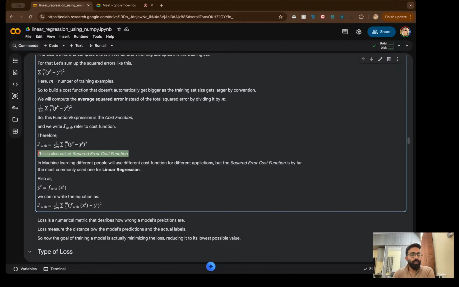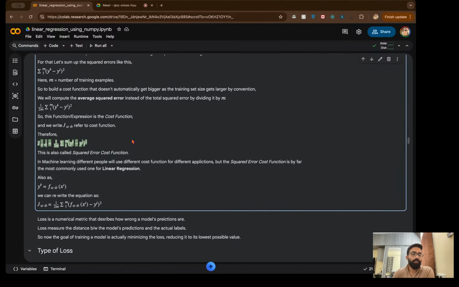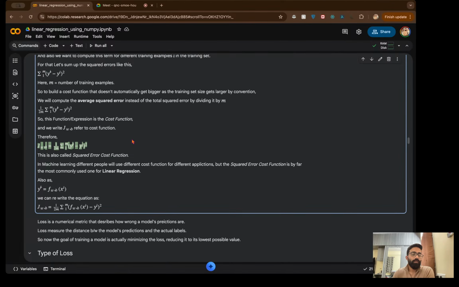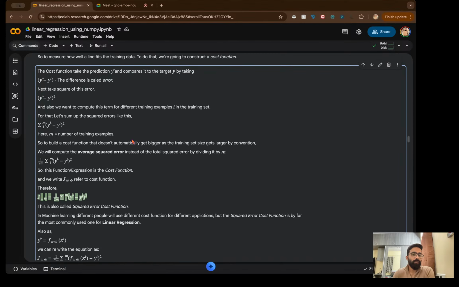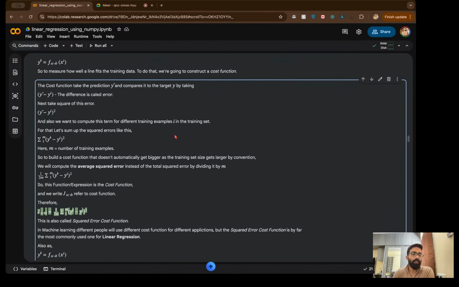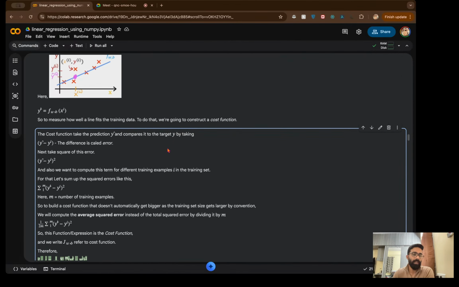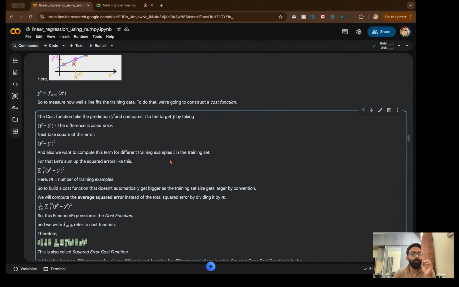Can you mathematically think why this will tell us the loss of our model? Are you able to get the mathematical intuition? We are taking the difference, then squaring the difference, and then taking the squared difference of all the training examples.